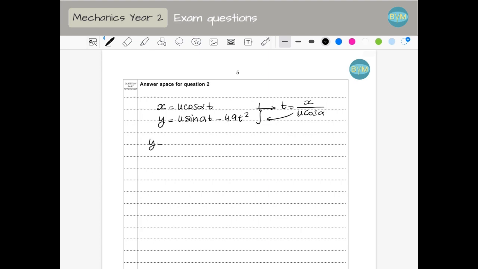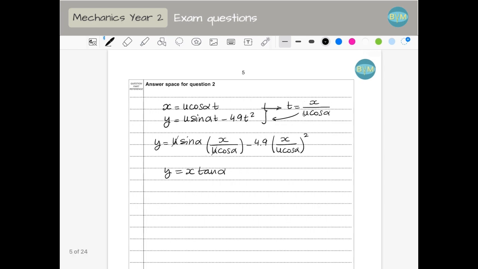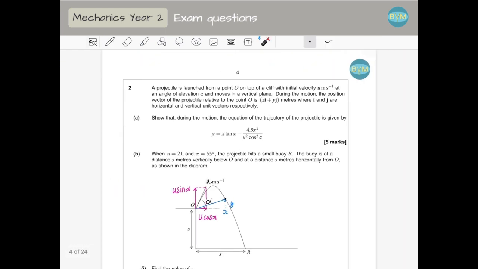So I have y is u sine alpha, and instead of t, I'm going to write this, minus 4.9 t squared, so x divided by u cos alpha, squared. That means that u cancels, sine divided by cos is tan, so it's going to be x tan alpha, and let's see how they write the second part.